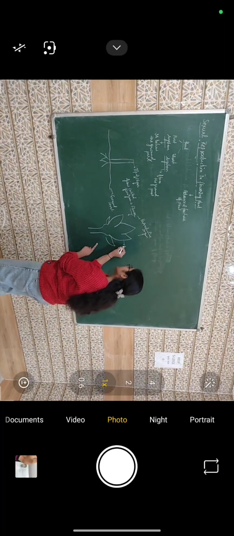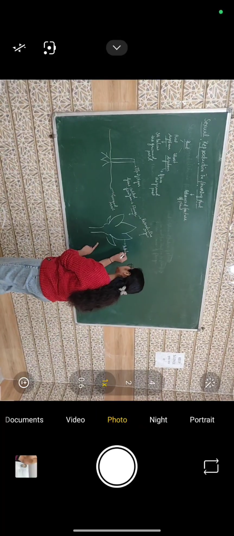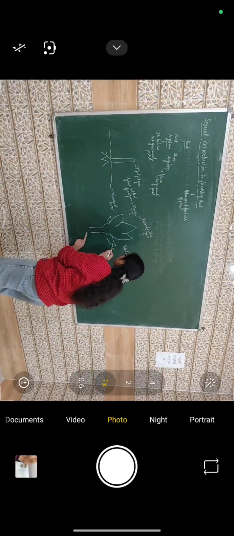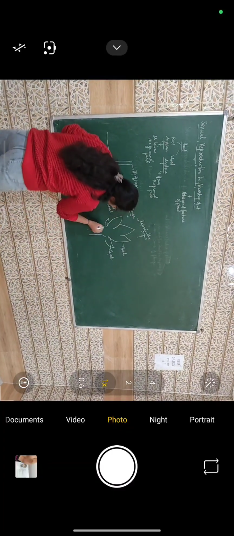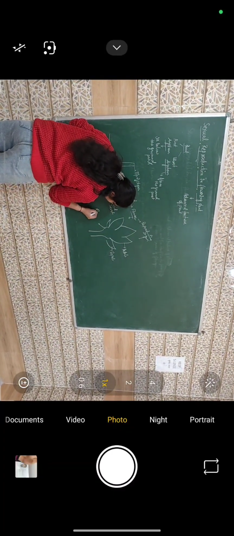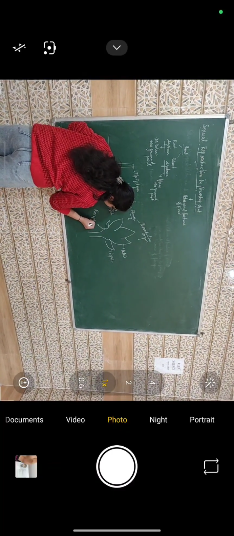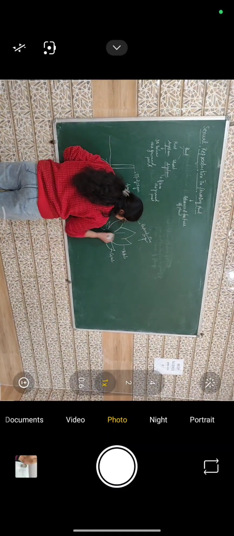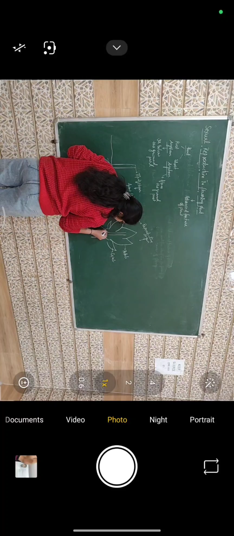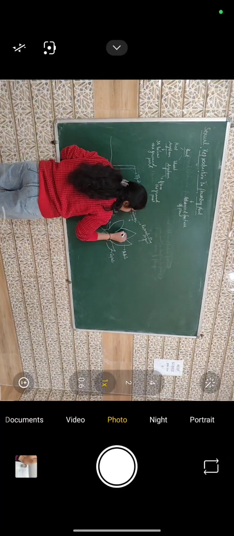These are the petals. These are the sepals. It is the receptacle. Inside it has the gynoecium part.